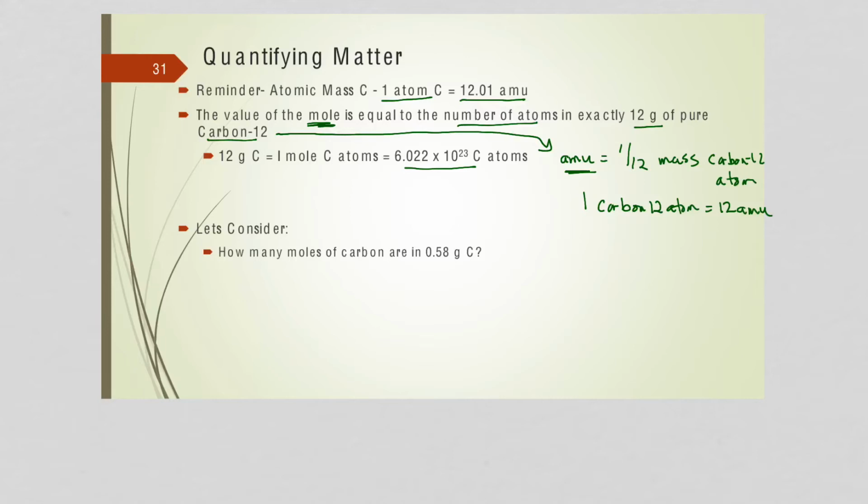So let's think about how many moles of carbon are in 0.58 grams of carbon. So how might we go about doing this?